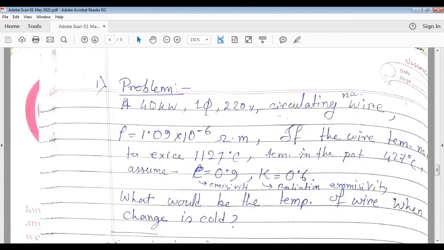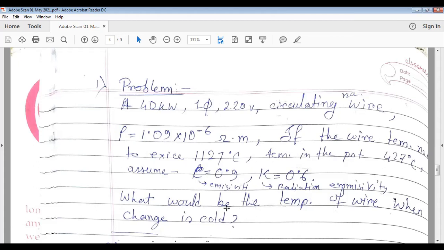So this is the highest temperature. This temperature is T1, this temperature is T2. From T1 to T2, when the temperature is totally transferred, then it becomes cool down.